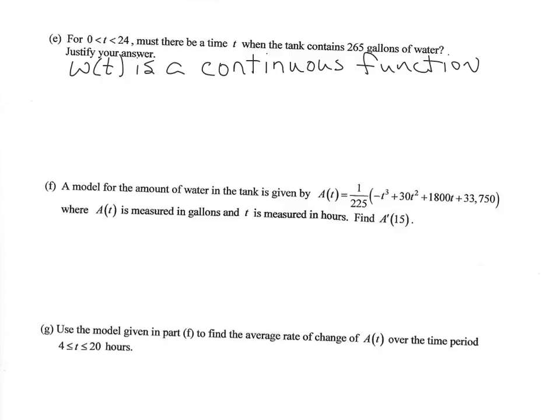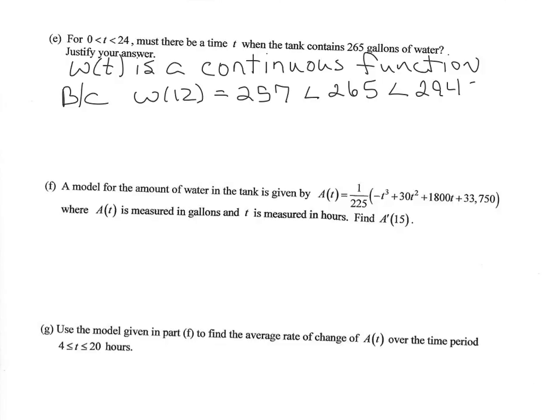Because, and I'm just going to abbreviate, because W(12), which is equal to 257, is less than 265, which is less than 294, which is W(16).